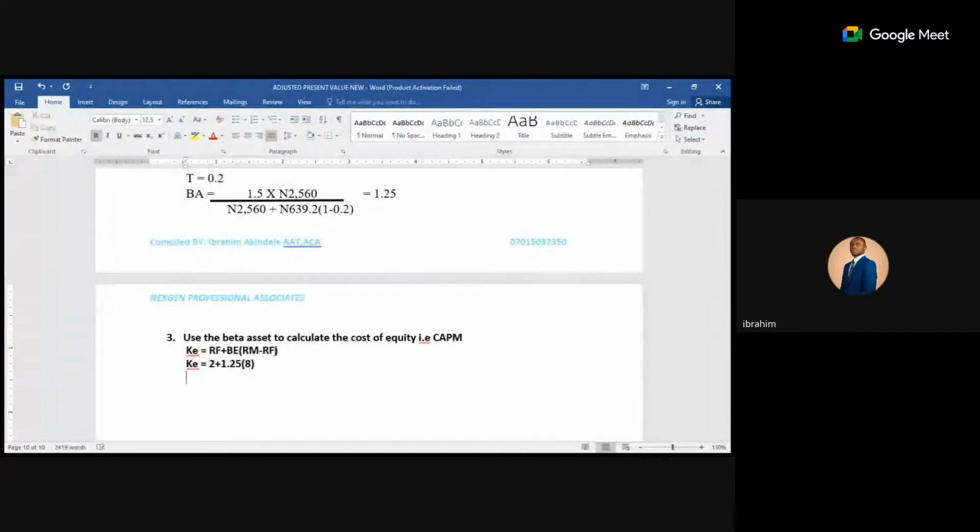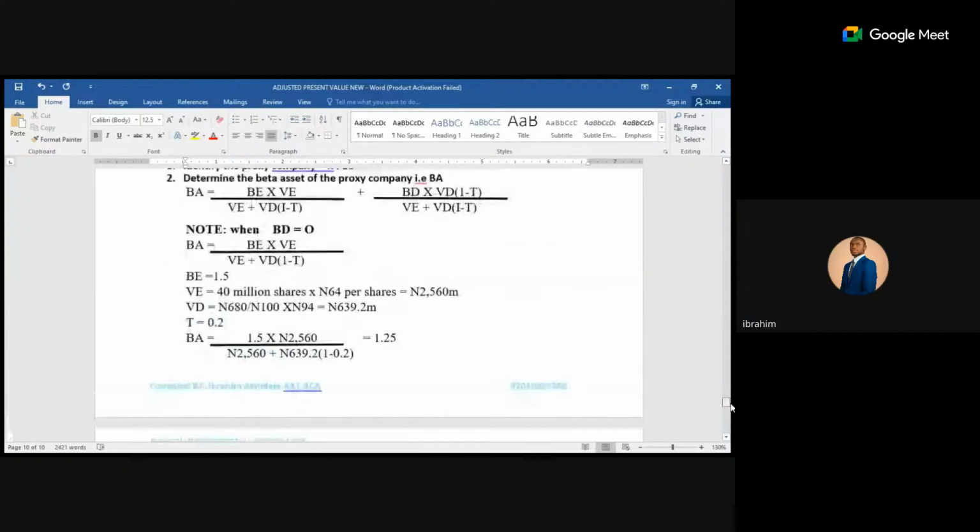The cost of equity of the ungeared company is 12%. This is what we will use to discount our project, to discount the base case NPV.